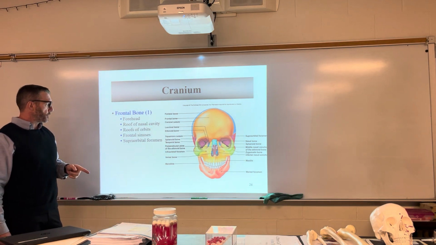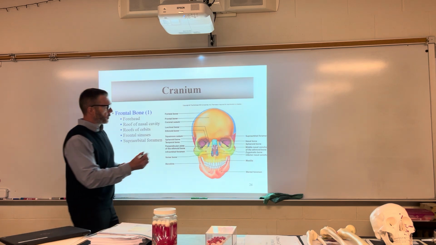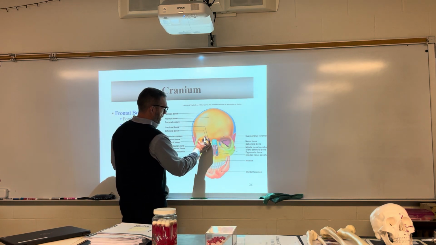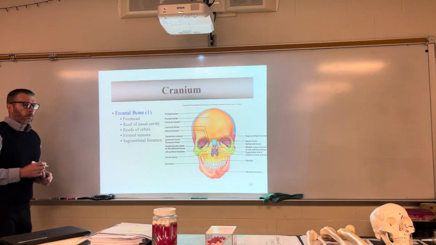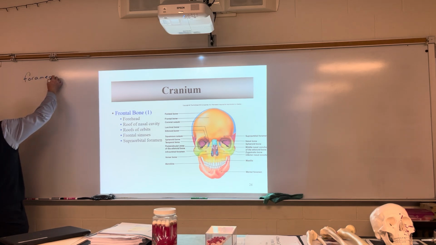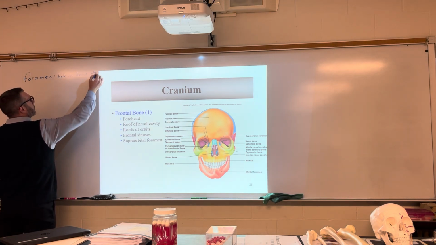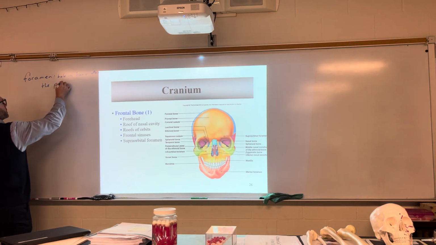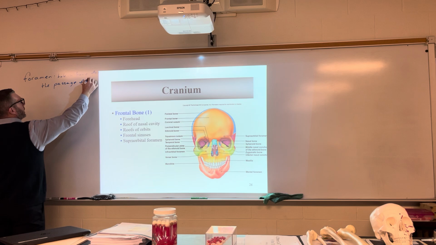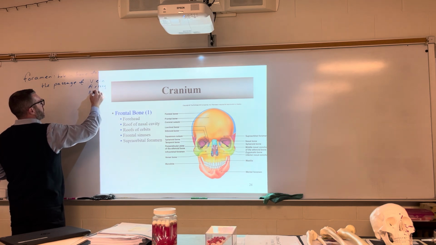Now, a couple things that I want you to know is this supraorbital foramen. If you want to put a star next to that, this supraorbital foramen has been tagged over here on the right side, and it's also over here on the left side. We talked a little bit about a foramen in bone tissue with the nutrient foramen or Volkmann's canals. A foramen is a hole in bone for the passage of a vein, artery, and a nerve.